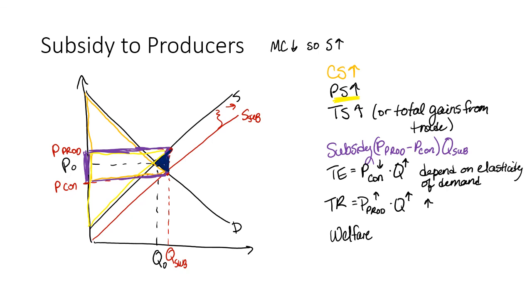So this triangle in between the two gives us a deadweight loss. So welfare goes down because of this deadweight loss. It's making too many things be produced in this subsidized market according to what our actual costs and benefits say should be produced.